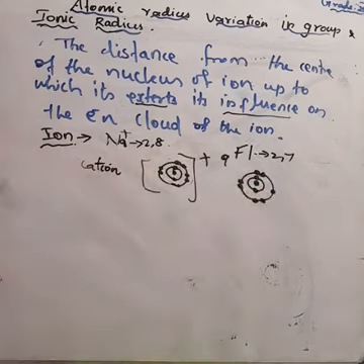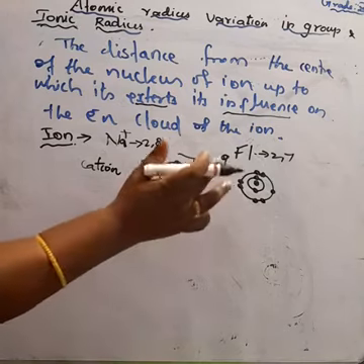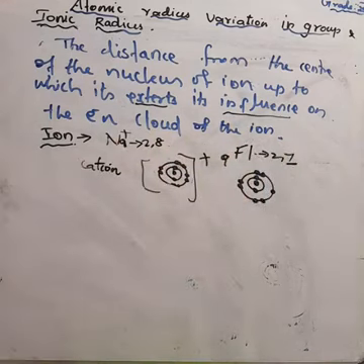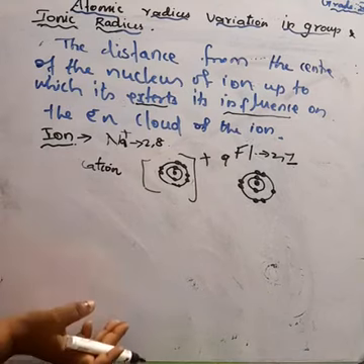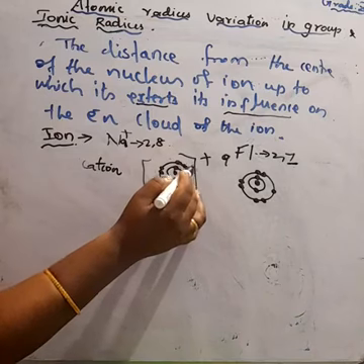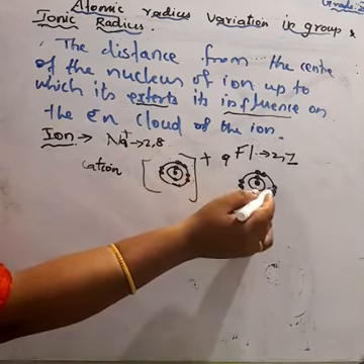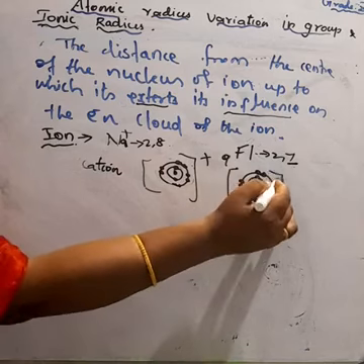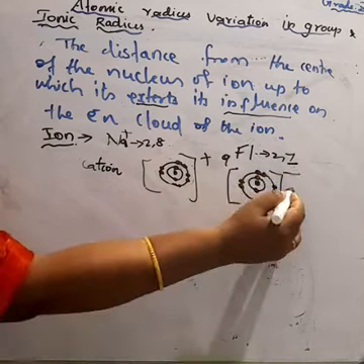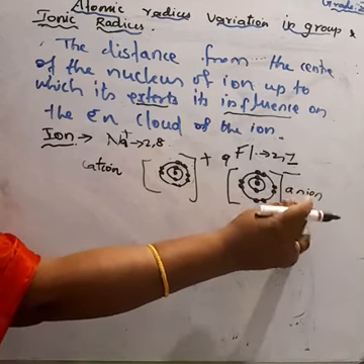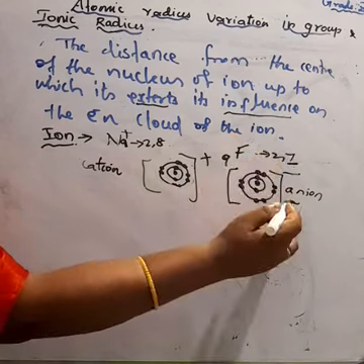It is not in the free state because it has only 7 electrons. So the fluorine atom needs 1 electron to get the stable configuration. When the sodium atom removes 1 electron from its outermost shell, fluorine accepts this 1 electron to form the fluoride ion. Understood?